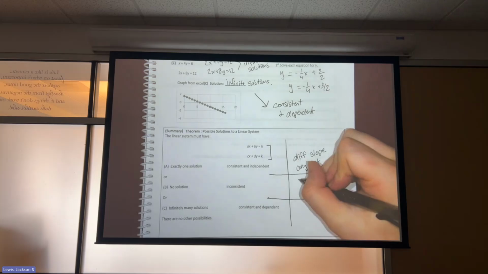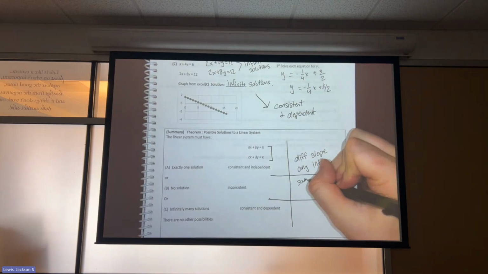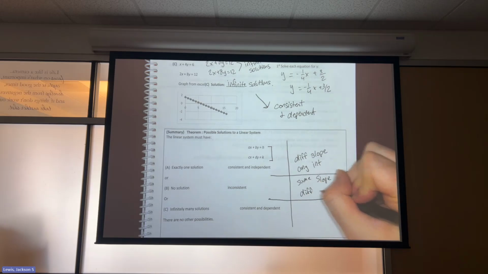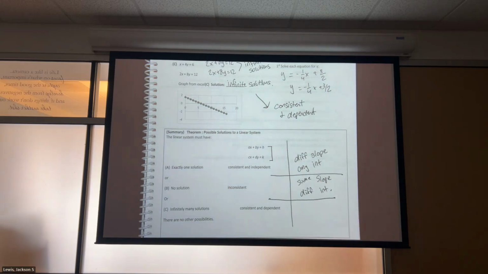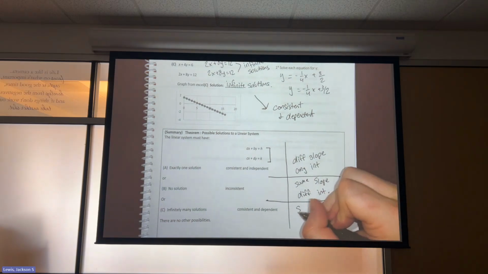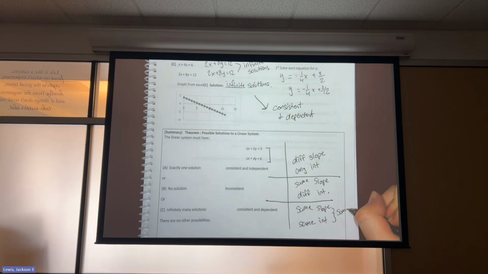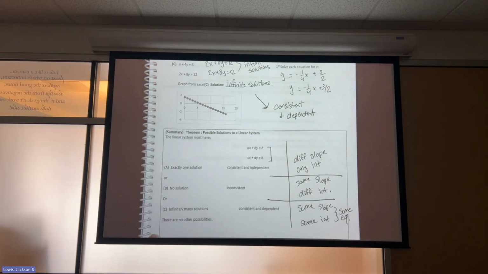No solution means same slope, different intercept. Infinitely many solutions means same slope, same intercept, or just in general, they're the same equation. So those are the different cases that you're looking for.